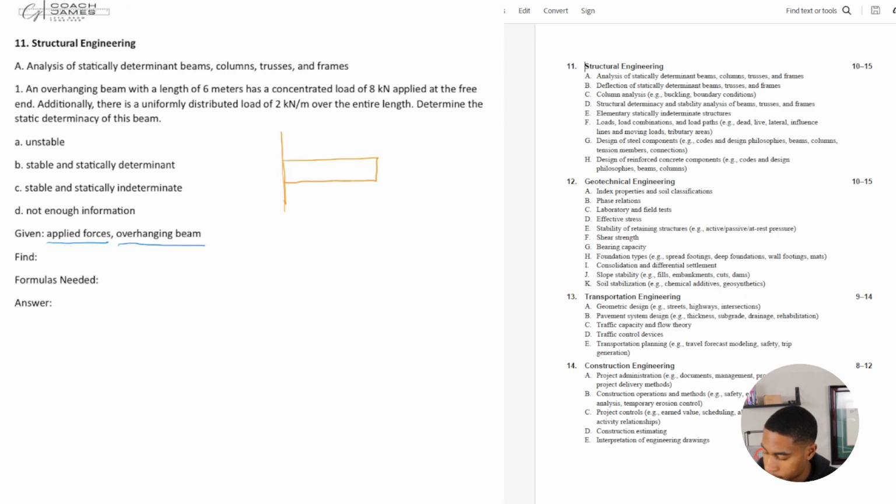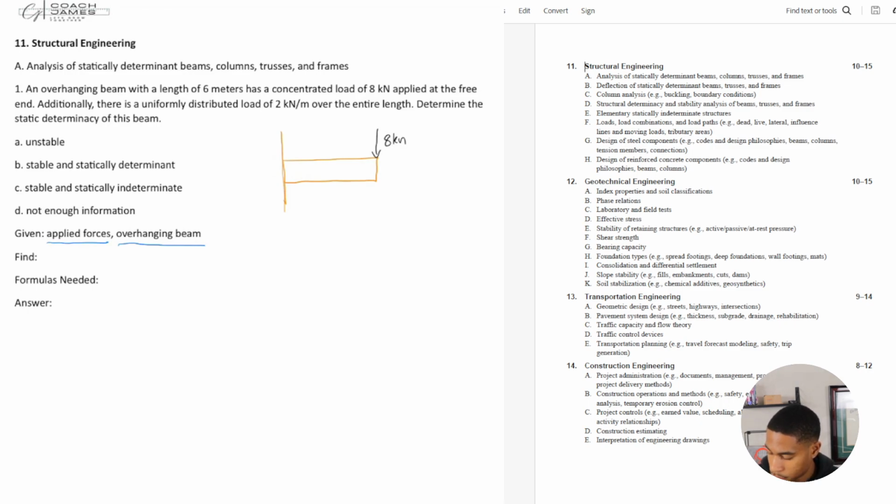They said that there's a concentrated load coming down for 8 kilonewtons, and they also mentioned a uniformly distributed load of 2 kilonewtons per meter over the entire length.